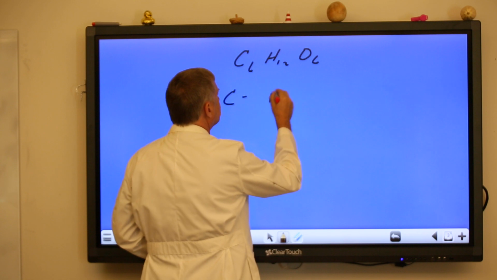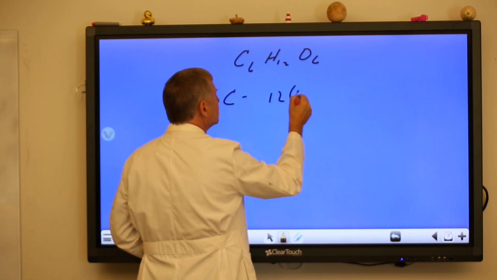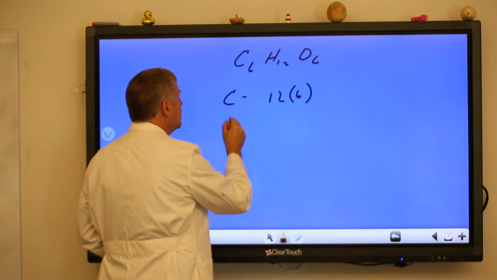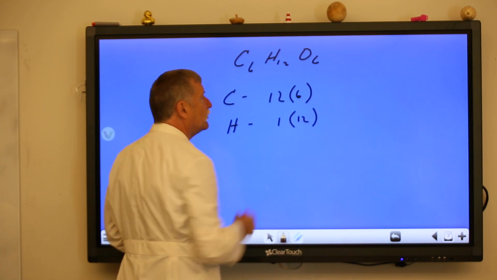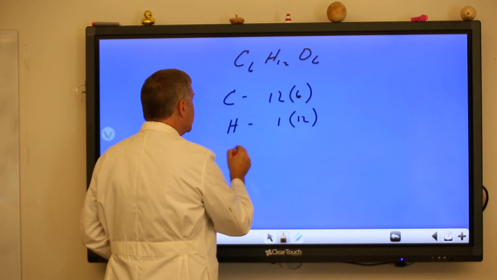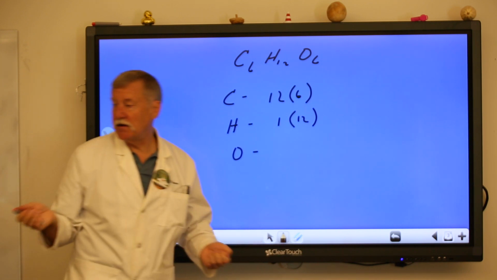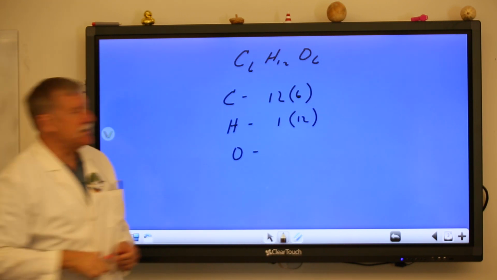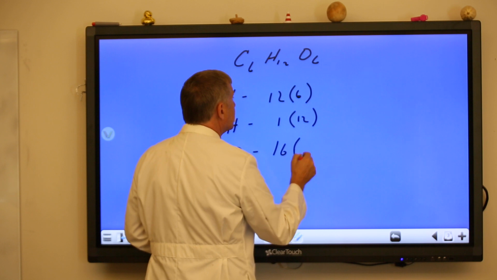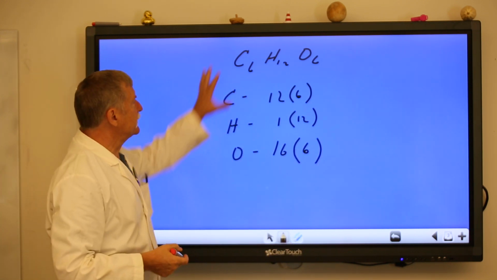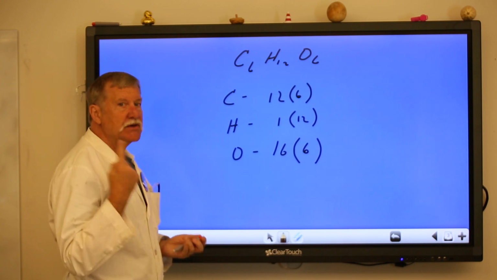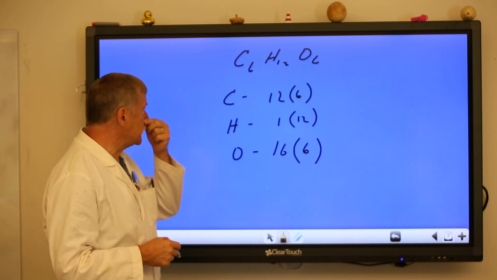Carbon has a mass of 12, but there's 6 of them, so I have to multiply that times 6. Hydrogen has a mass of 1, but there's 12 of them, so I multiply by 12. And oxygen has a mass of 16, so I have to multiply that times 6, because there are that number of atoms in one molecule of this type of sugar.